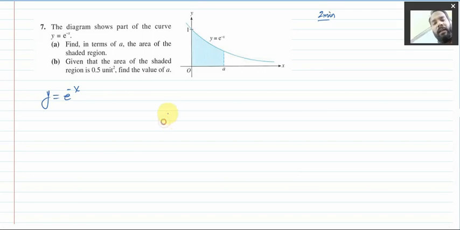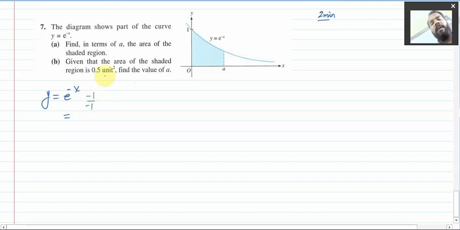Alright class, so we have y equals e to the power minus x. If we are going to integrate the function, so the derivative of the power, right? The integral of exponential is exponential only when you have the derivative of the power with it, right? The derivative of power is minus 1, so we are going to multiply with minus 1 and minus 1.